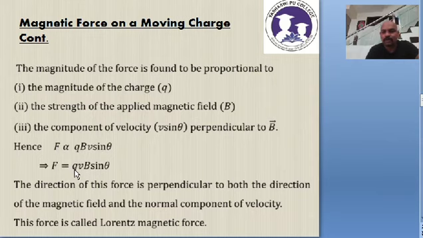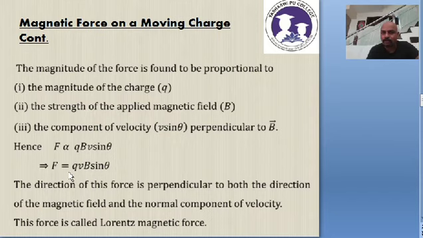F is proportional to the charge, to the velocity, to the magnetic field B, and also to sin theta, where theta is the angle between V and B. The magnitude of the force is proportional to the magnitude of the charge, the magnetic field, and V sin theta.